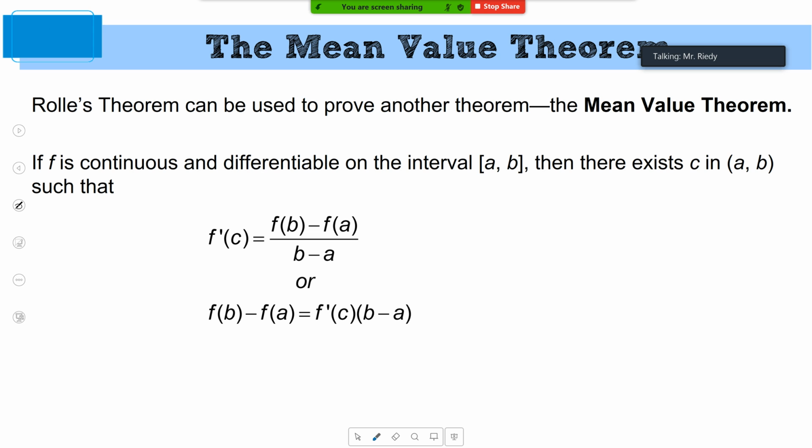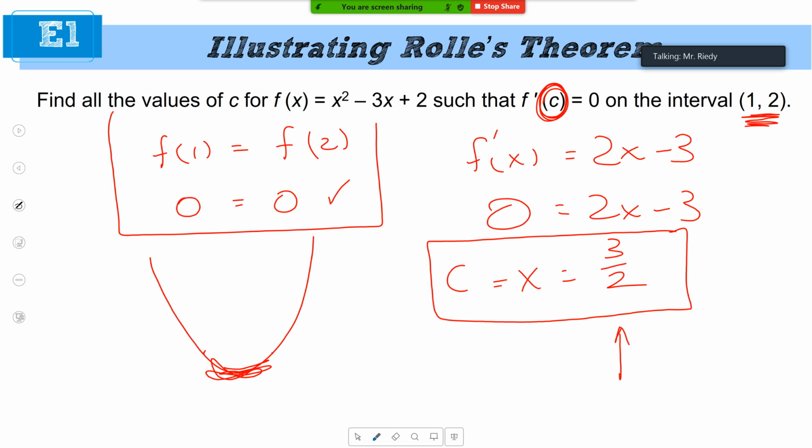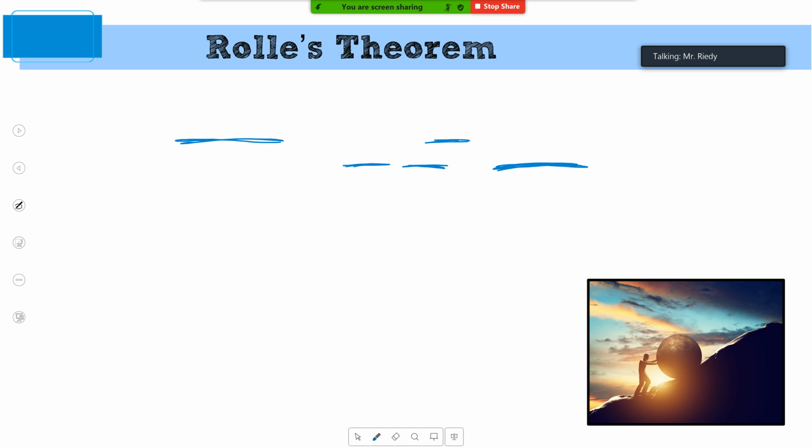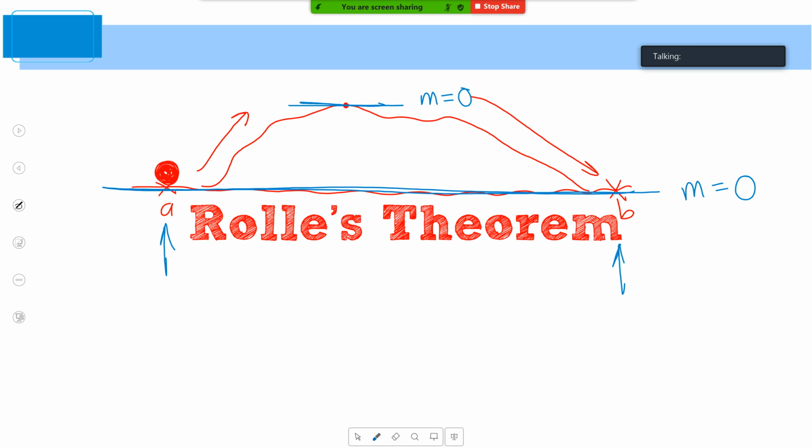This is the slope from calculus. This is the slope from algebra. Again, sorry, I'm jumping around like crazy here. This is the slope from algebra: calculate the slope between the point A and the point B. This is the slope from calculus: take the derivative, set it equal to 0.